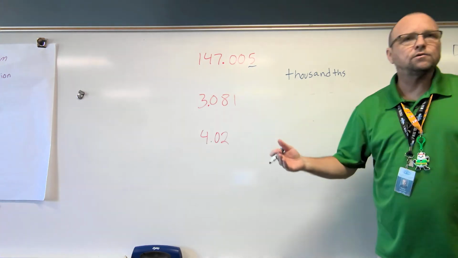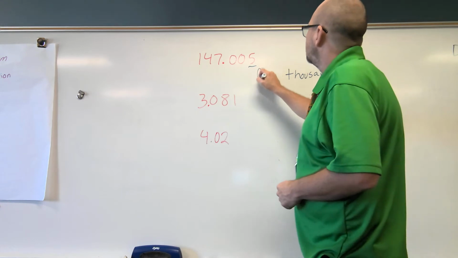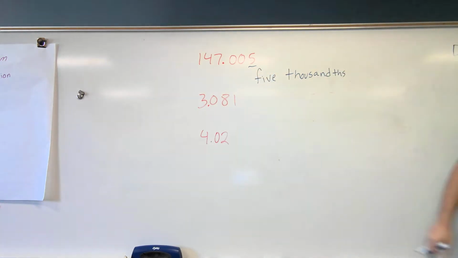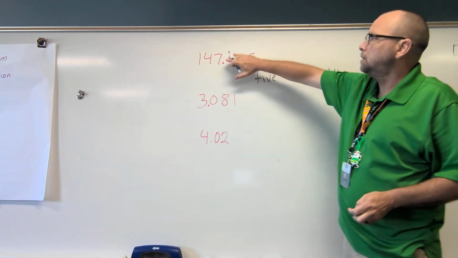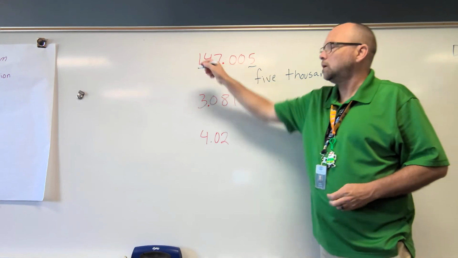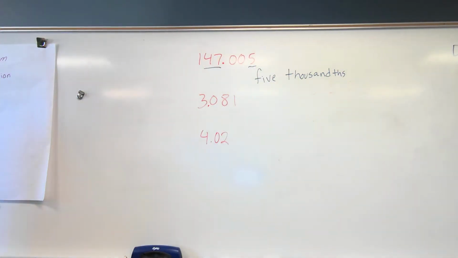How many thousandths do I have, Reed? 5 thousandths. Good. And my whole number is what, Reed? 147. Do not write 147.